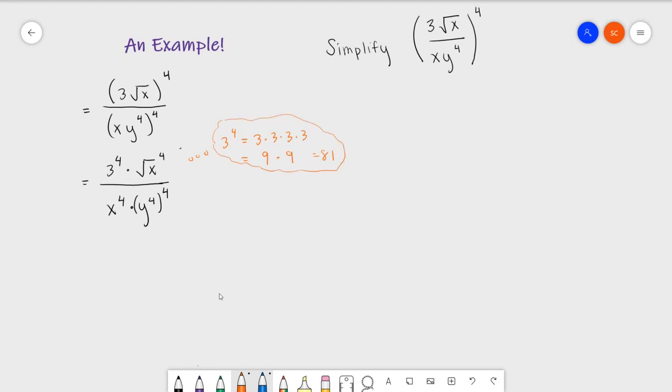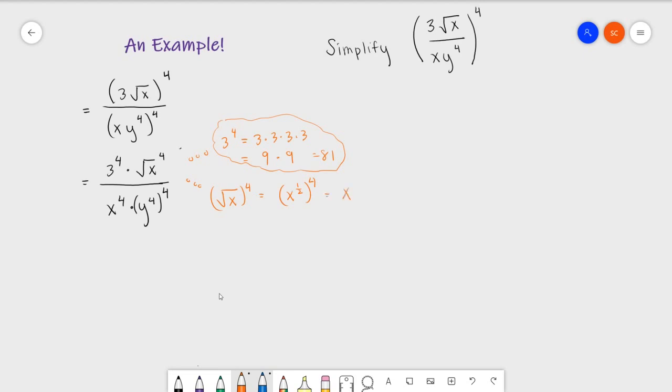And then let's also think about that square root of x. So the square root of x raised to the 4th, I could think about that as x to the 1/2, all raised to the 4th. And then I'm going to multiply those exponents together because it's a power on a power.